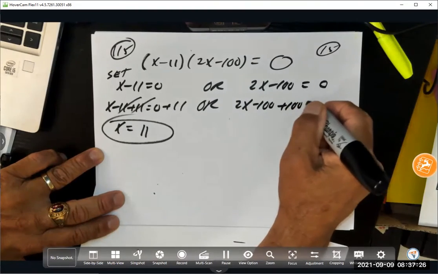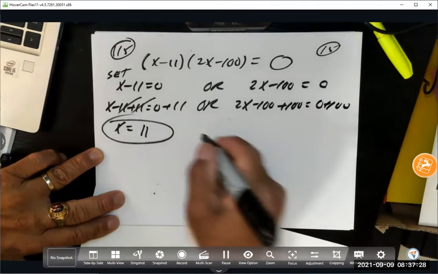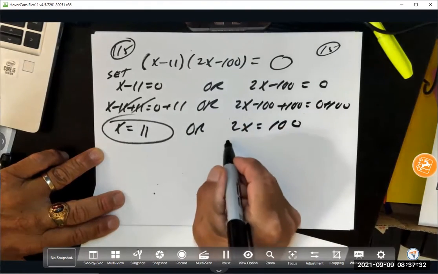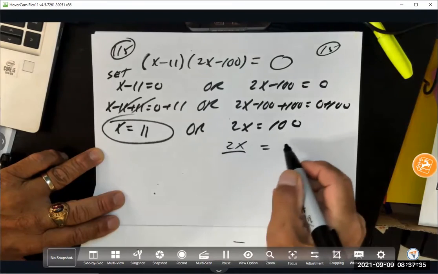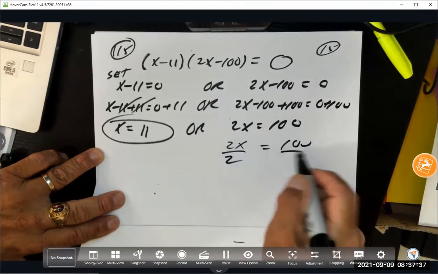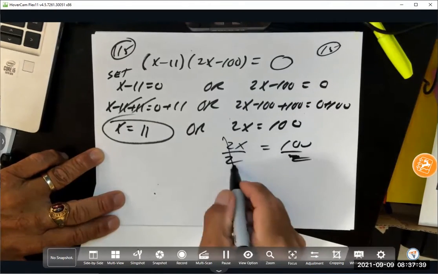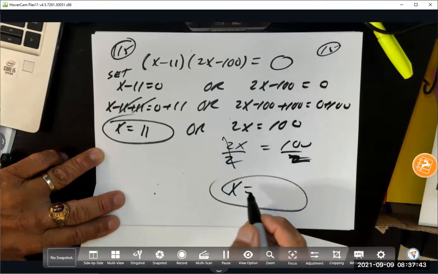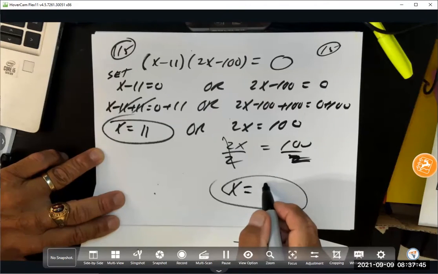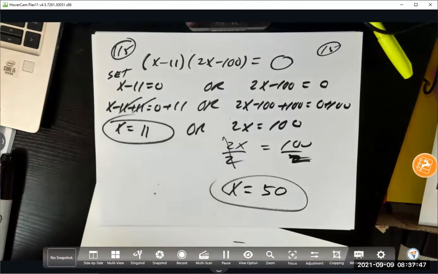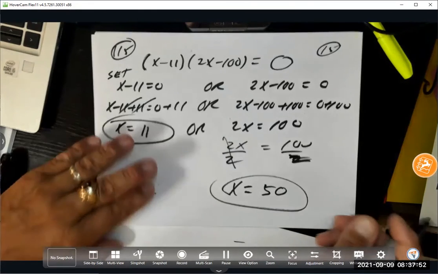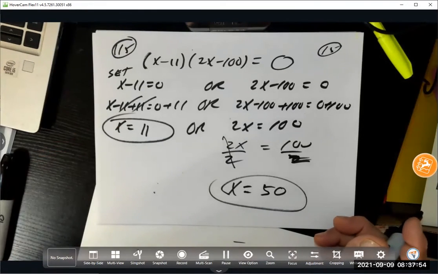Add 100 to this side, add 100 to this side, or 2x equals 100. Then what? Multiply by 2 or divide by 2. Yeah, there you go. Divide by 2, divide by 2. So these are gone. So now, what's 100 divided by 2? 50. Is that okay? Yes? No? Maybe? Yes. Okay.